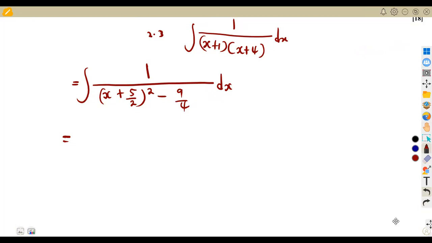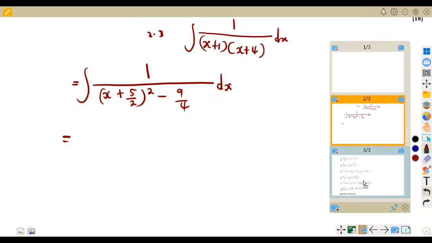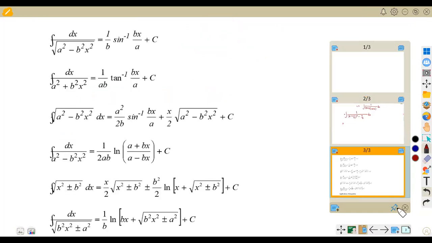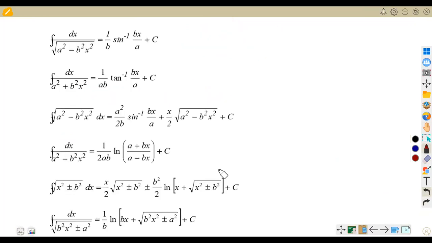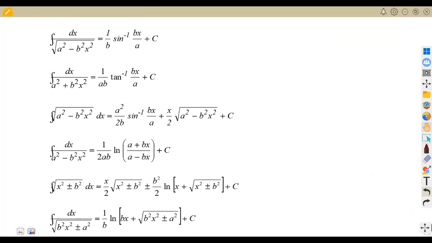Okay, let us go back to our formula sheet. I just hope I have this on this one. I think I inserted this here. I explained about these formulas before. These are the formulas that I talked about whenever you're dealing with completing the square. Now our question at the last stage, we are supposed to integrate.